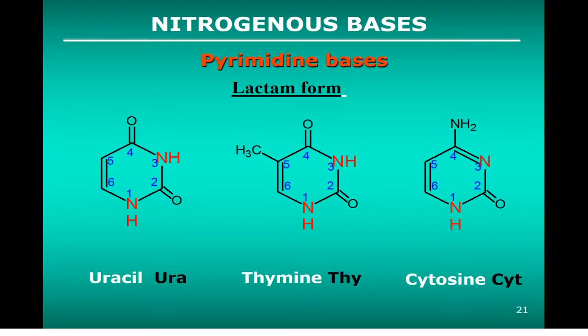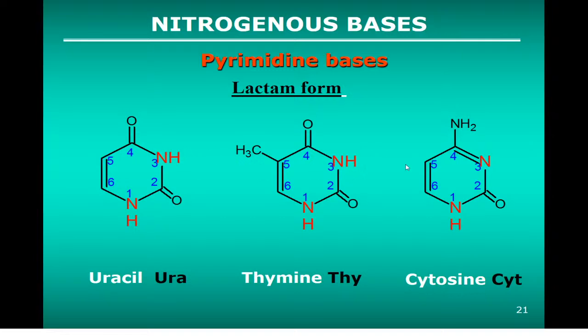It is possible to find a unique type of isomerism, which we know as tautomerism. I will show you then, but for now it is necessary to memorize that only lactam forms are present in the nitrogenous bases which are structural components of DNA and RNA. Only the lactam form.